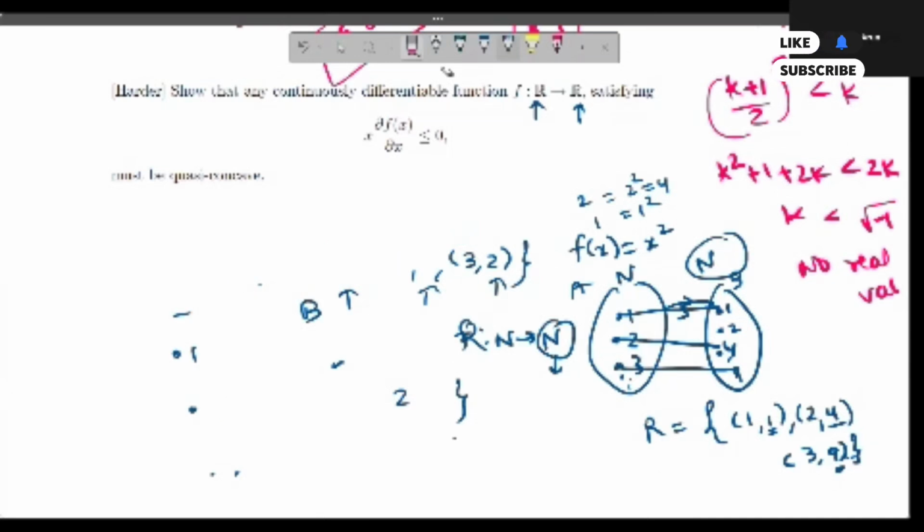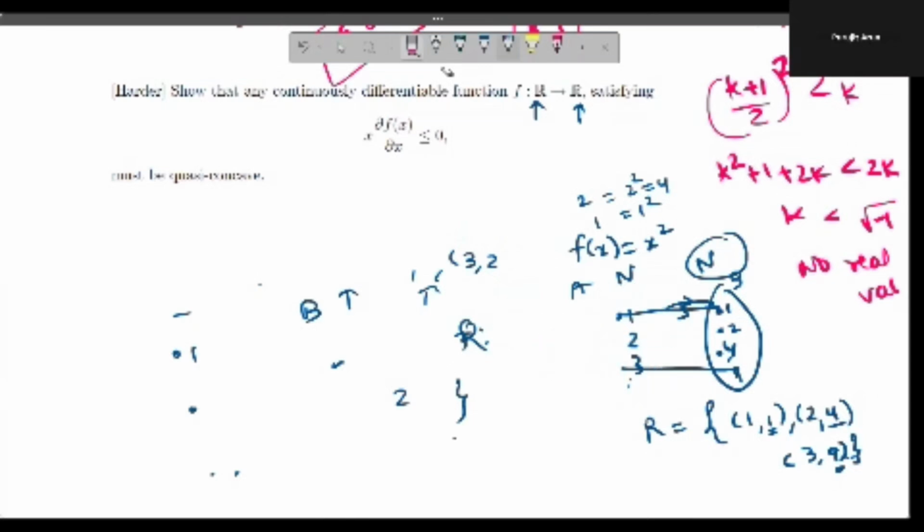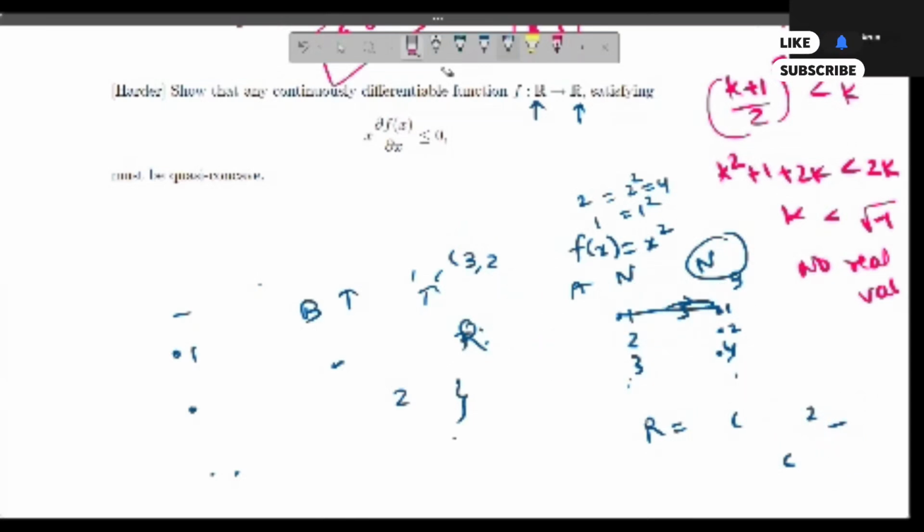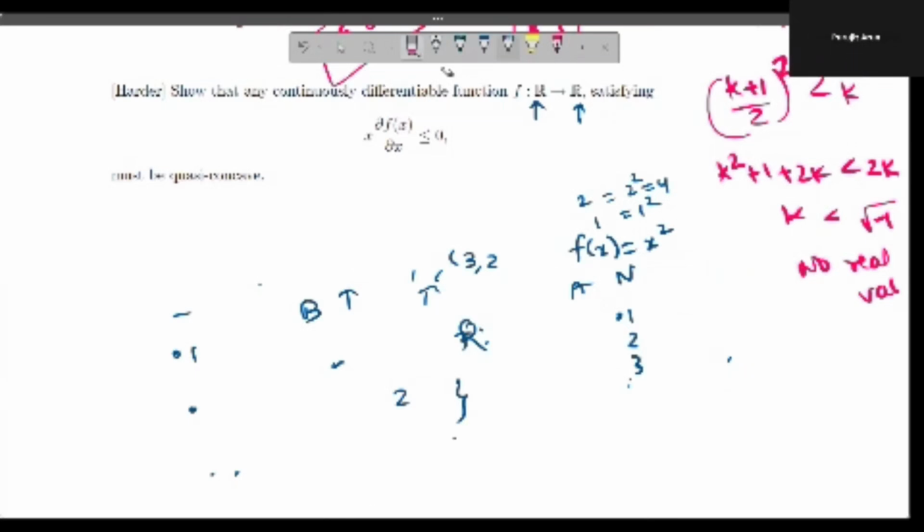As I told you, if you don't know how to approach it, you explain the condition for quasi-concavity. And then you can consider a function which is quasi-concave as a counterexample and find out its derivative. This is one way of doing it.